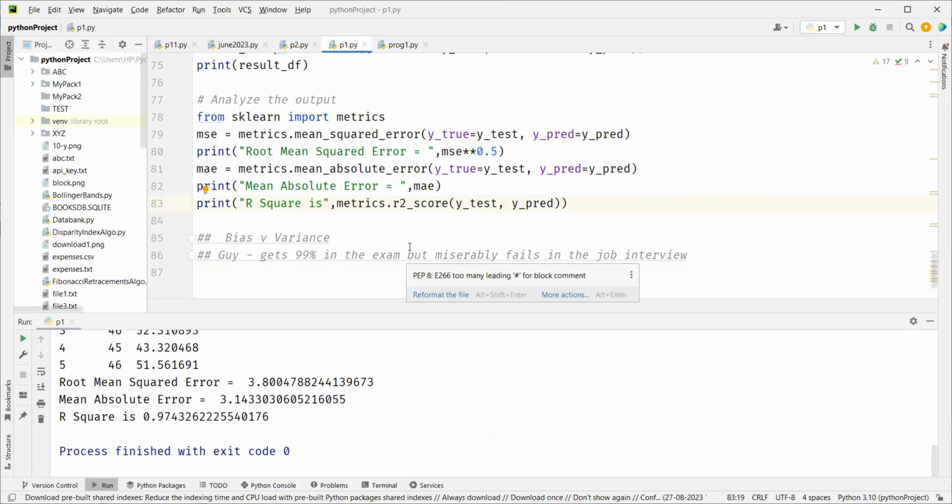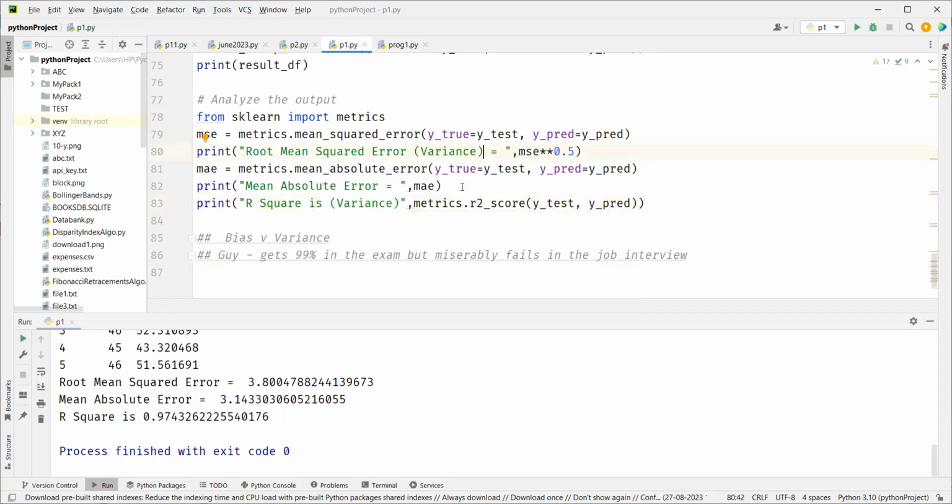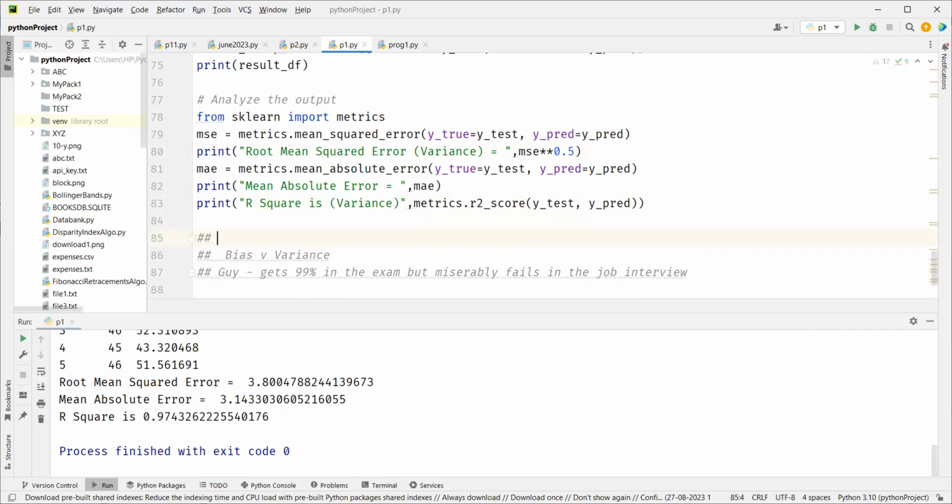This is variance, exactly. This is your variance, okay? Now, how do you calculate bias? To calculate bias, we need to use training data, right? Bias is based on training data.